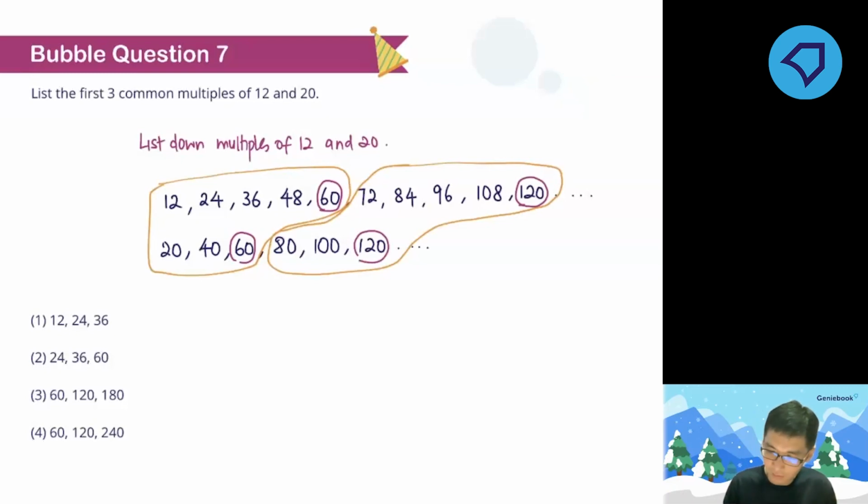Right, the next one should be 180 already. If you continue the list, corresponding to another 180 here, which is a common multiple as well. Right, if you do the listing in groups like that. All right, so that's why the answer to bubble question 7 is number 3, 60, 120, and 180.